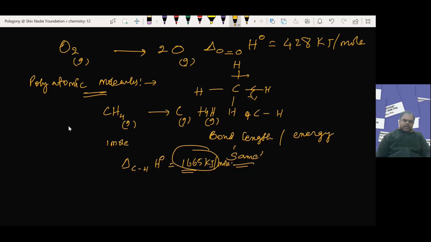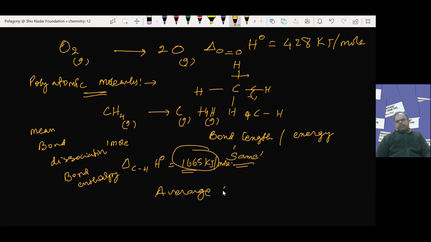If the number of bonds in the molecule is more, then we have to consider another term, said to be mean bond dissociation enthalpy, or we can write average bond dissociation enthalpy.